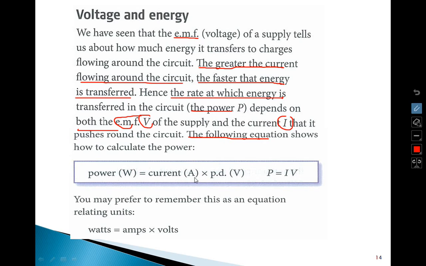The power P depends on the current I in amperes and on V, directly on both of them.